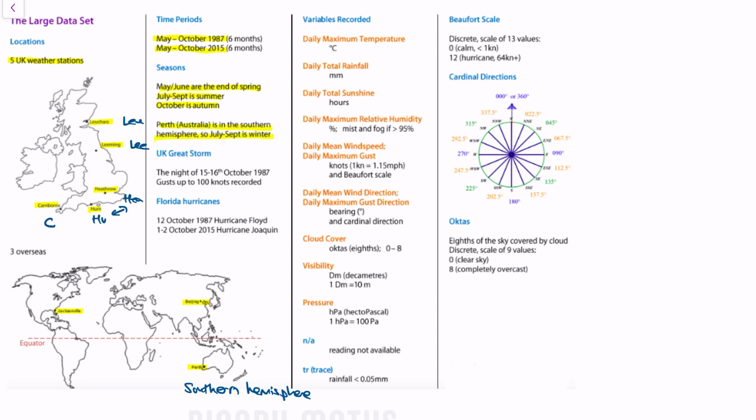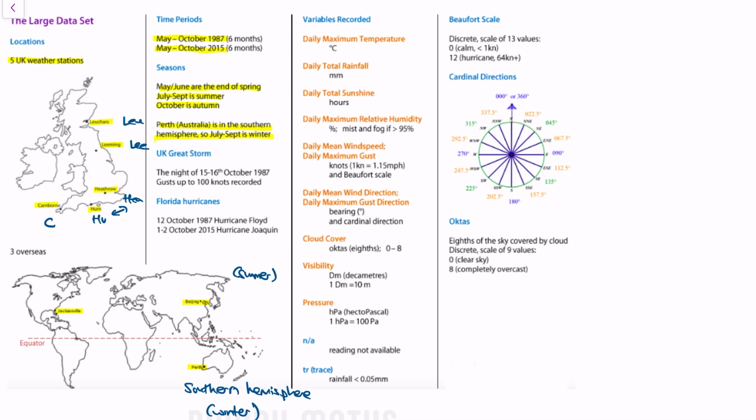When it's summer here, it's winter there. And because most of this data is from the summer months, for Perth it'll be the winter months. It does have some information about the UK Great Storm and the hurricanes, just something to keep in mind.